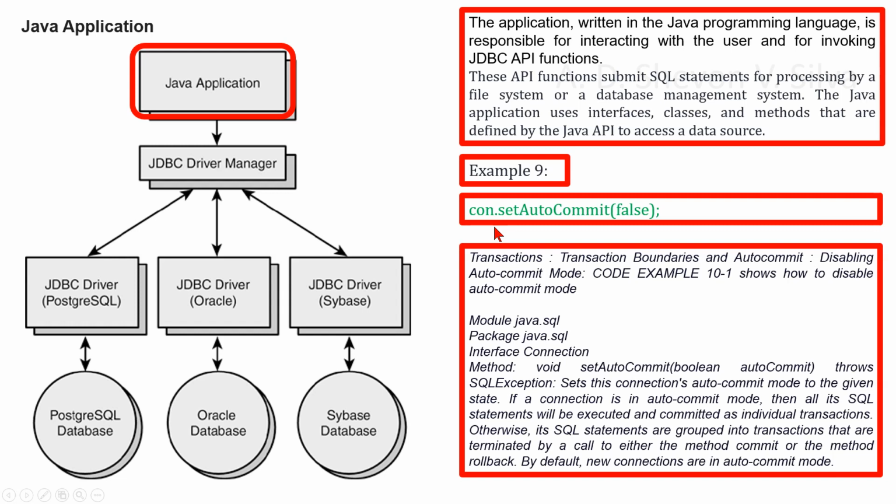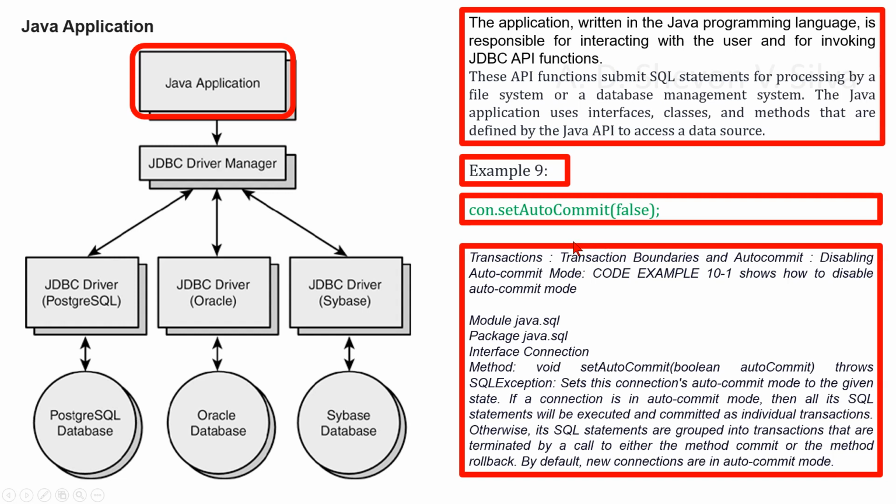The default is for auto commit mode to be enabled when the connection object is created. If the value of auto commit is changed in the middle of a transaction, the current transaction is committed. If setAutoCommit is called and the value is not changed from its current value, it is treated as a no-op.